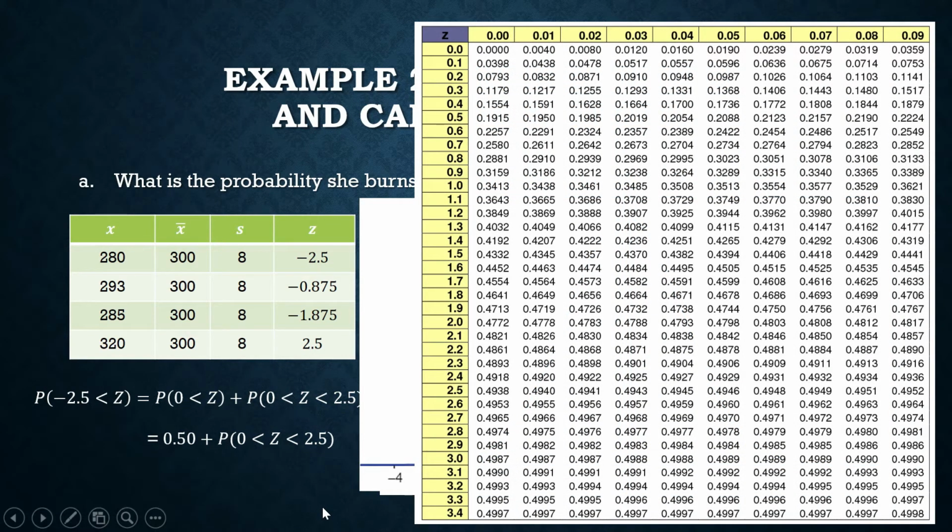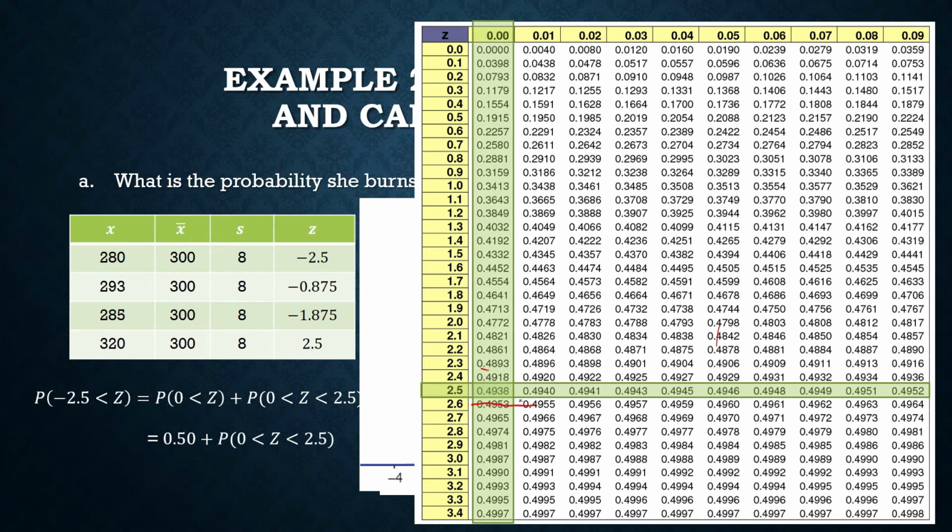Let us locate 2.50. So 0.5 plus 0.4938 is equal to 0.9938. The probability that she will burn more than 280 calories when she does a brisk walk inside the mall is 0.9938.